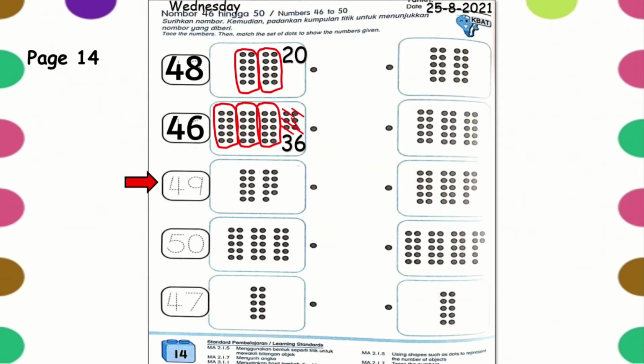49. 4 and 9 together will be 49. Let's trace the number. Very good. Now after that, what should we do? We count the set of dots there. 10. The next set is incomplete, so we have to count it one by one.